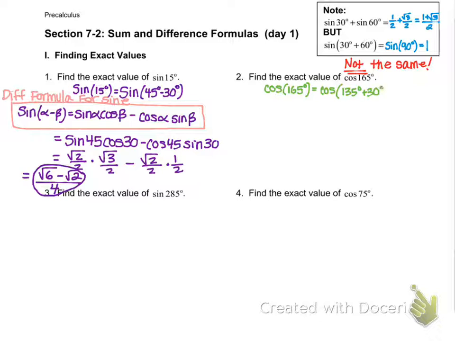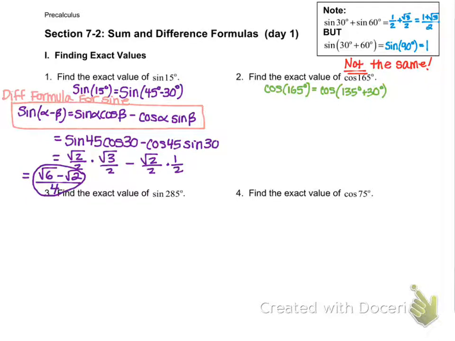So remember, the two values that you're adding or subtracting to give you the value of your problem, the 165, those are values that are on the unit circle. So we're not just making these up. 135 and 30 both have a place on the unit circle.